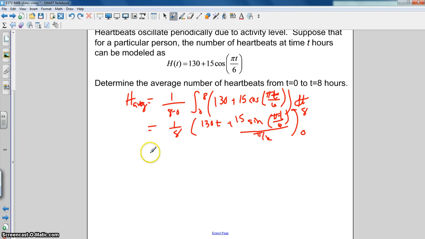I'm going to skip writing out the computation, but when you do that computation, I got about 126.8 heartbeats. So on average, the number of heartbeats over this time period is 126.8, or we can just say maybe 127 would be okay too.